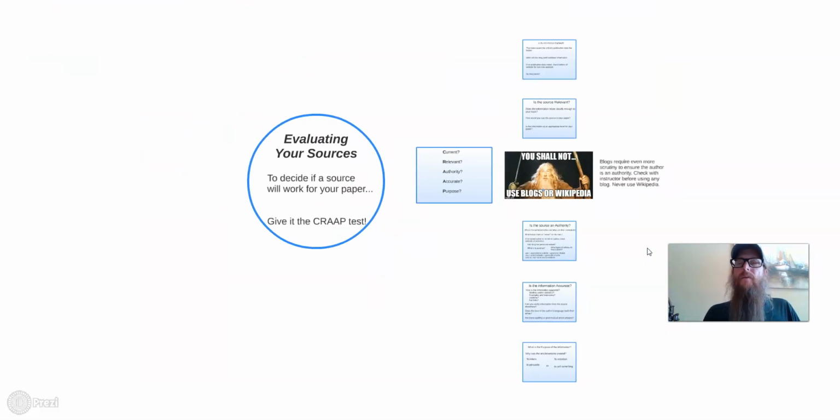The whole point of CRAAP testing is that you're not choosing the first three sources you come across. You're choosing the best, most credible sources you come across. Because of course, credibility is on a continuum. It is not black and white. There are some sources that are more authoritative than others, right? There are some that have so little authority that you wouldn't want to use them at all, right? That's what makes CRAAP testing challenging and fun.